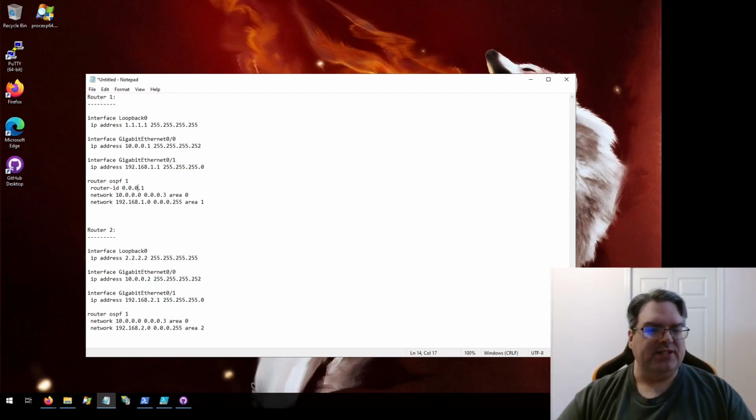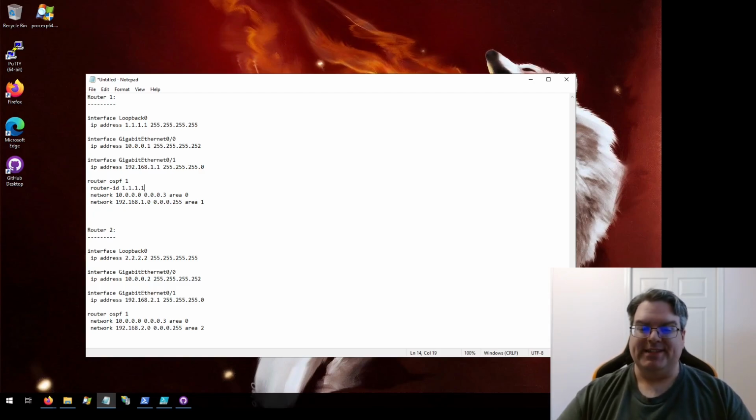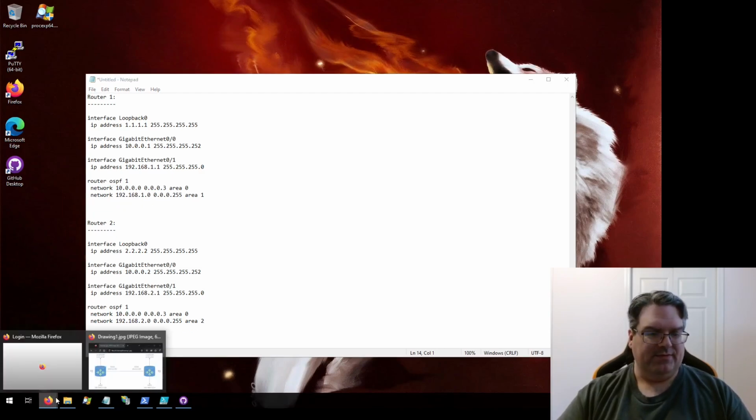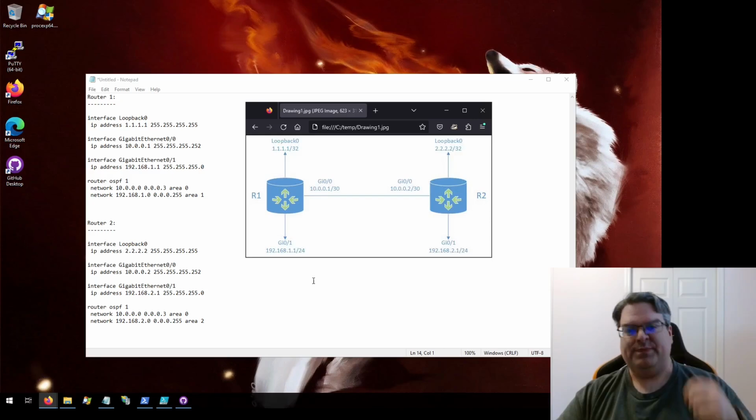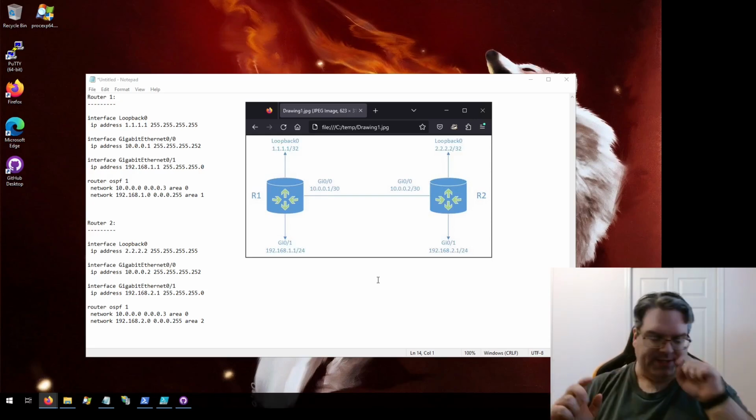But there's a reason why we don't, and there's also a reason why I didn't put in the router ID command. That is because if we go back and look at our drawing again, there's another option here, the loopback interface. If you have a manual router ID command configured, that takes priority always.